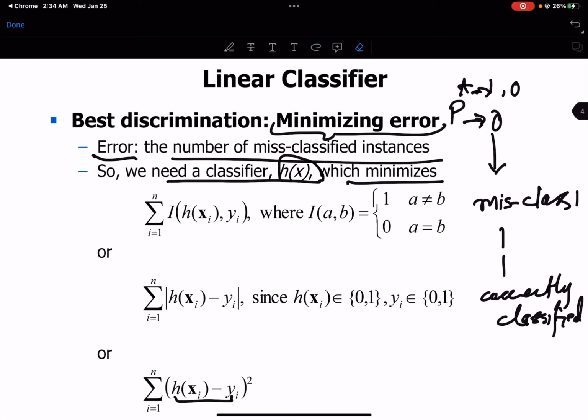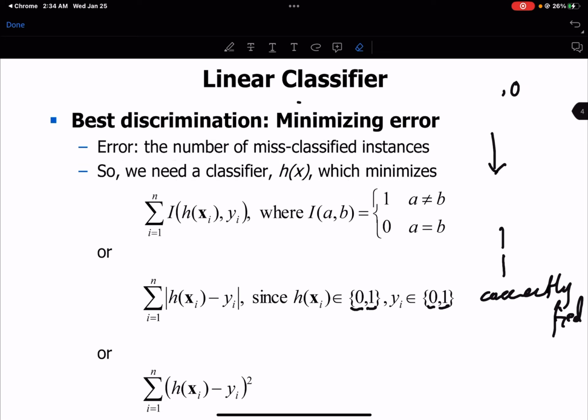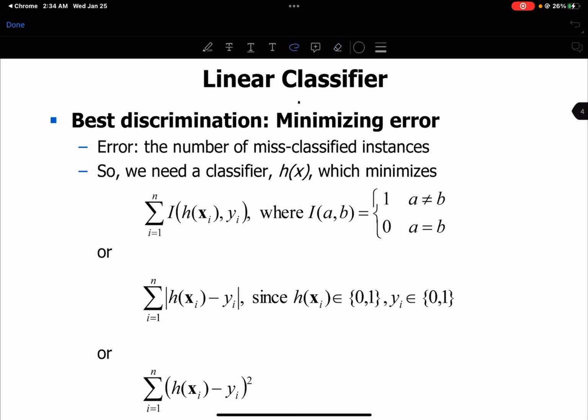So when we have values of either 0 or 1, in that case we are going to use logistic regression.